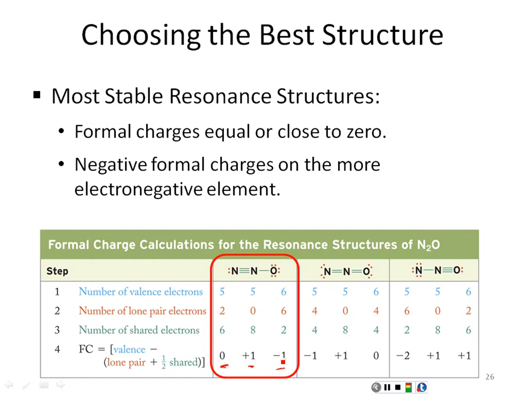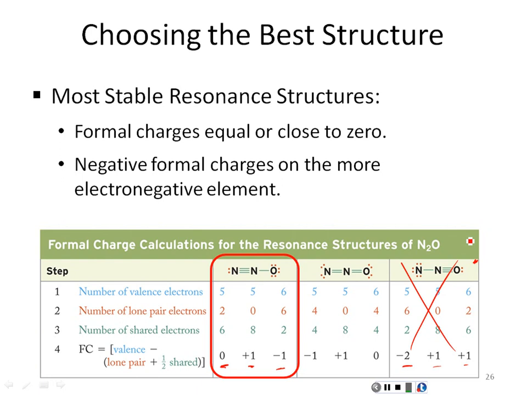And why is that better? It's better than the structure on the far right because in this structure we have a -2 and a +1 and a +1. So remember that formal charges at 0 or close to 0 are more stable. So a -2, +1, +1 would not be more stable than 0, +1, -1. So we can eliminate that structure.